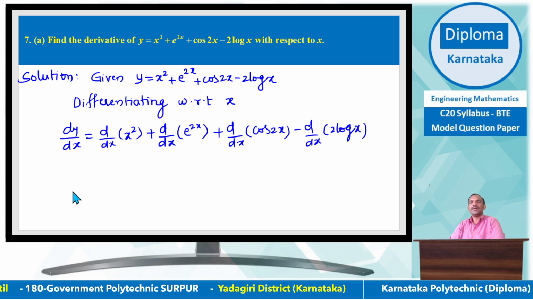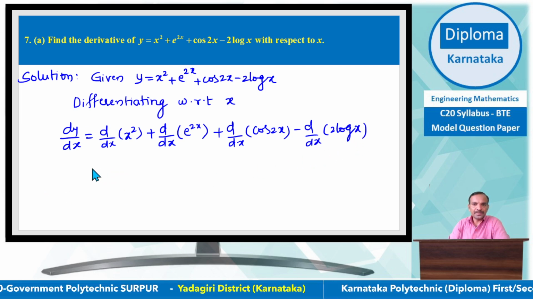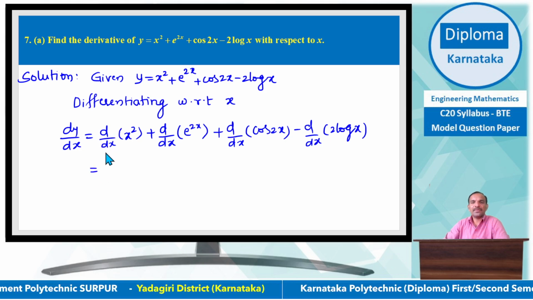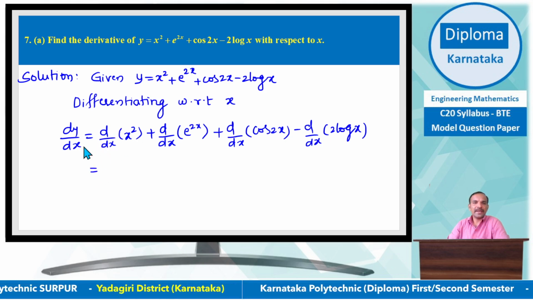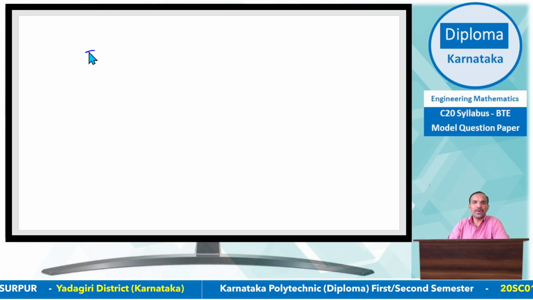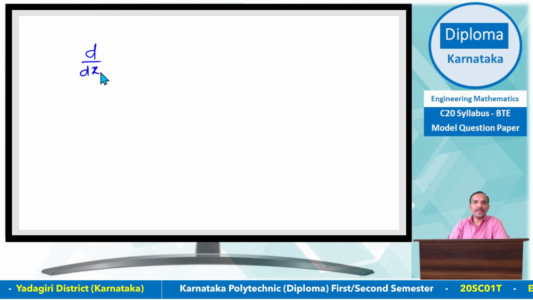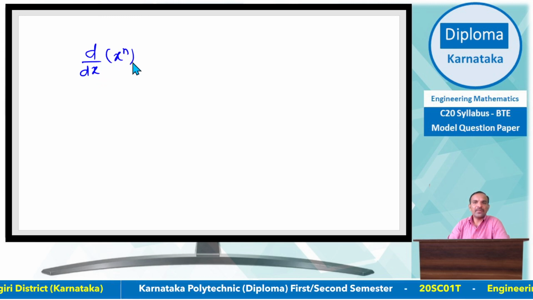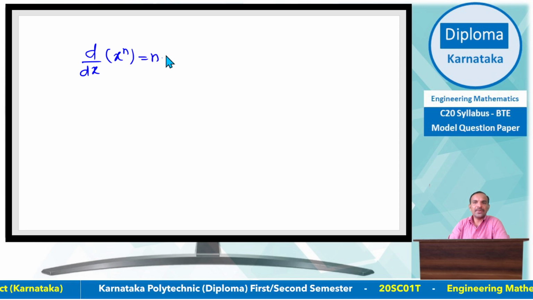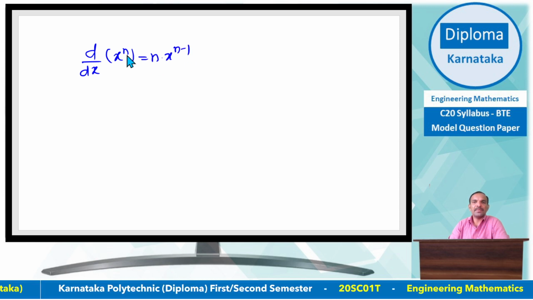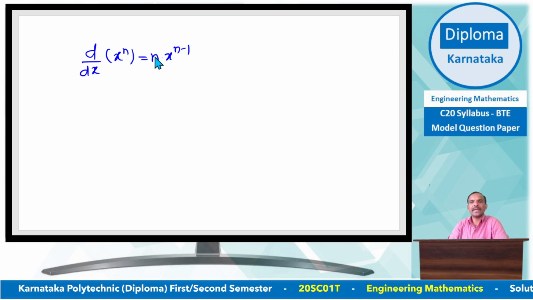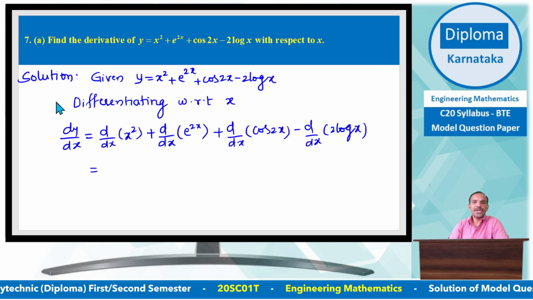First term, differentiation of x square. For that we are going to use the formula d by dx of x to the power n is equal to n into x to the power n minus 1. For x square, n equal to 2. So 2 into x to the power 2 minus 1, that is 2x.